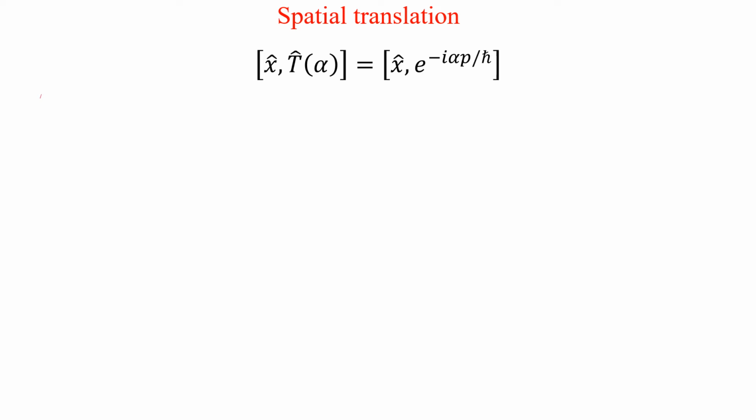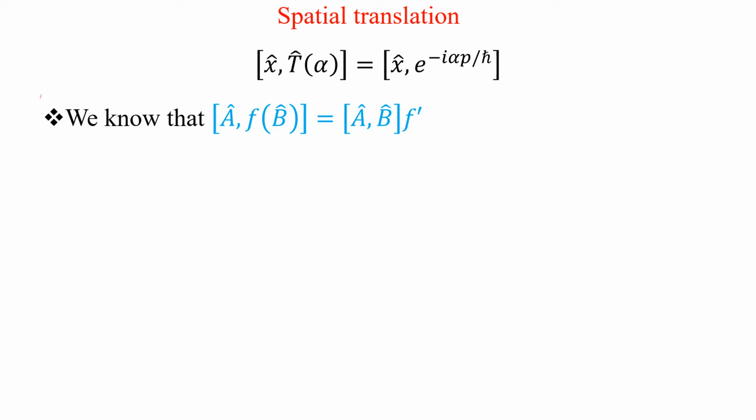We know from the commutation relation that the commutation of A with a function of P is equal to the commutation of A with P multiplied by the derivative of the function, that is F prime of P. You apply this rule to the above commutation relation. Here A is equal to x and F of P is equal to T of alpha, which is a function of P.